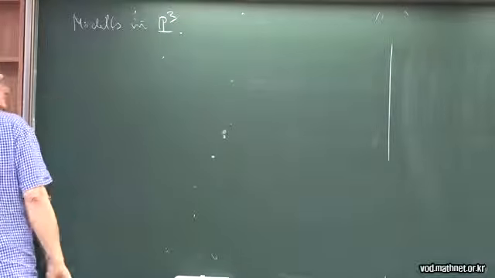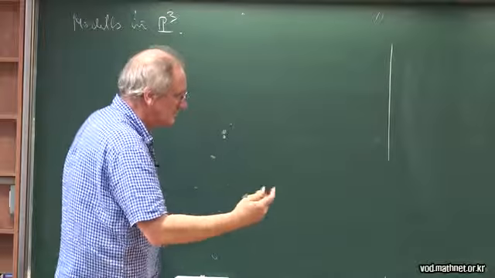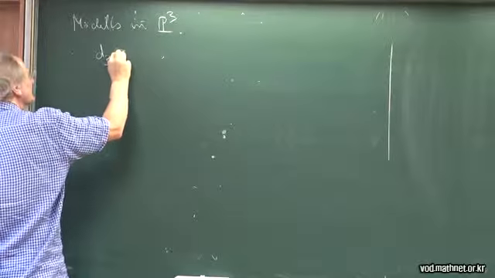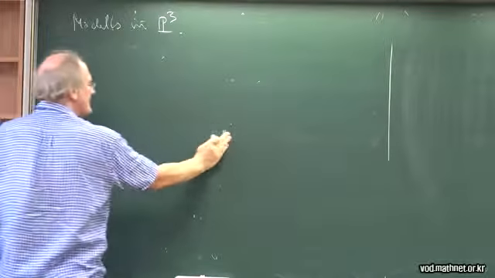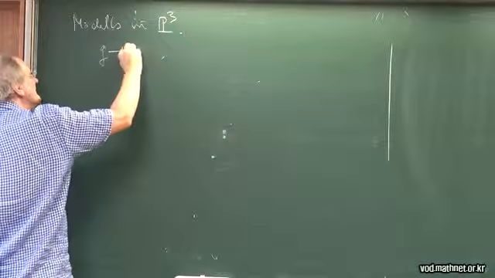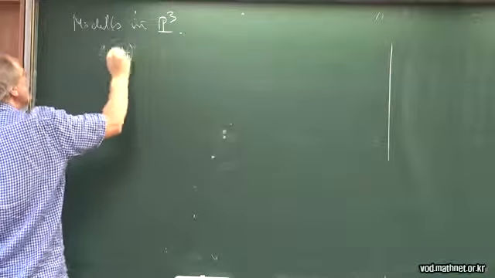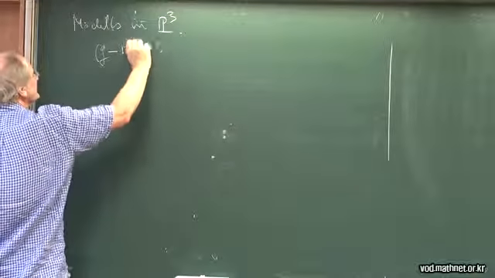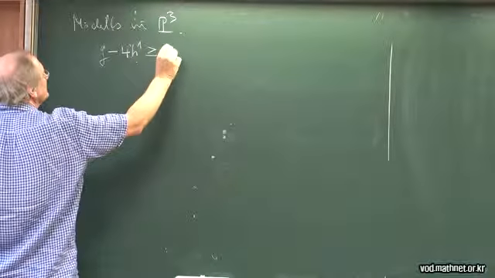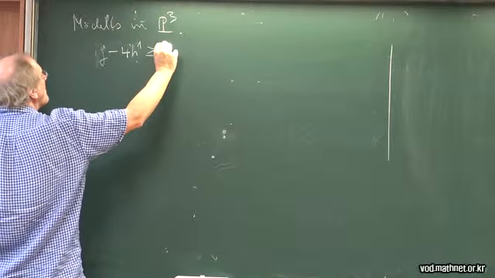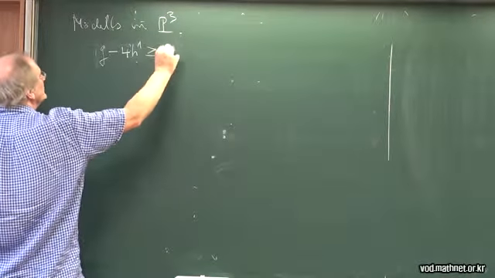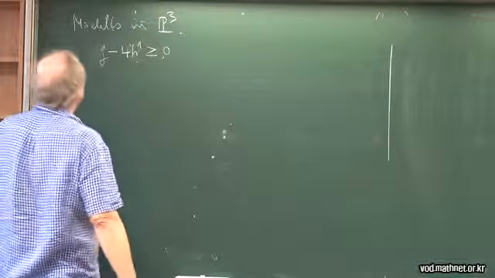Here, of course, I need correspondingly that g minus 4 times h^1 of L is greater or equal to 0.